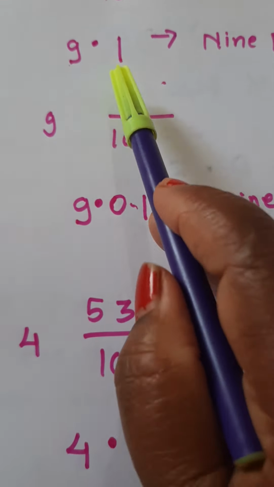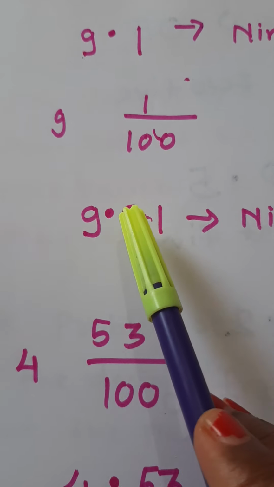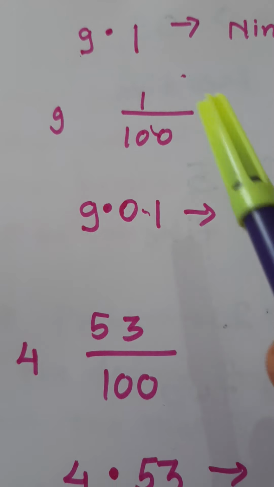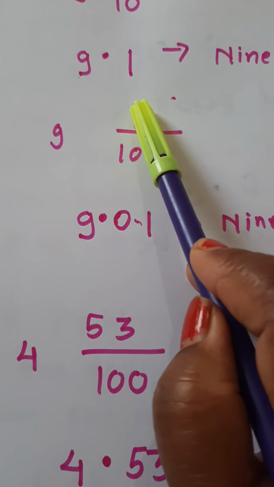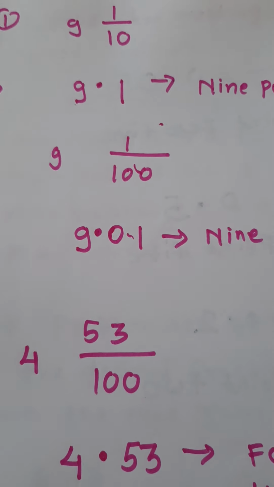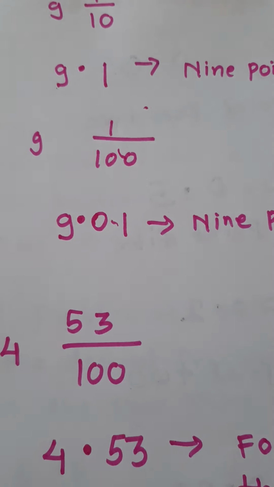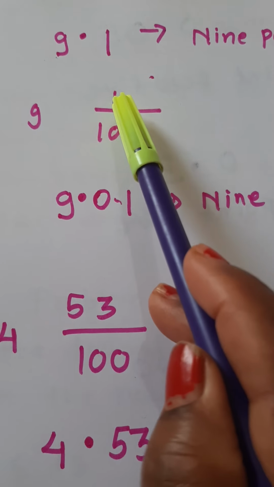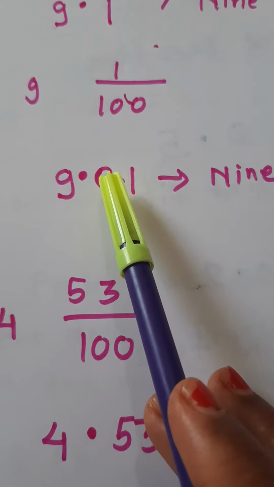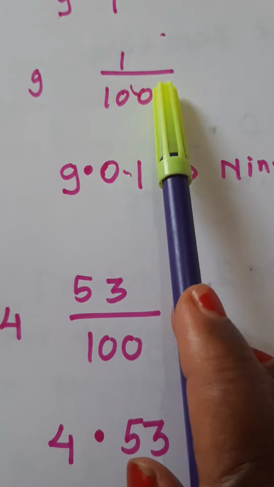So how will it convert into decimal form? 9.01. As only a single digit is present here, but we want to give the point after 2 digits as 2 zeros are here.